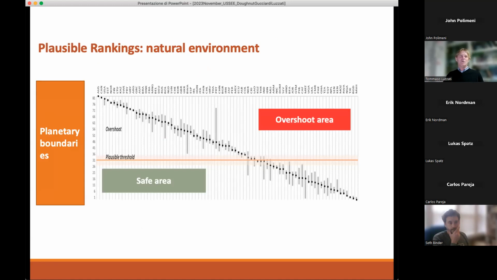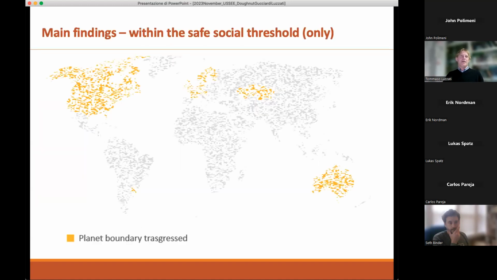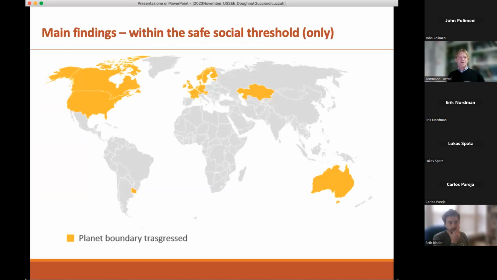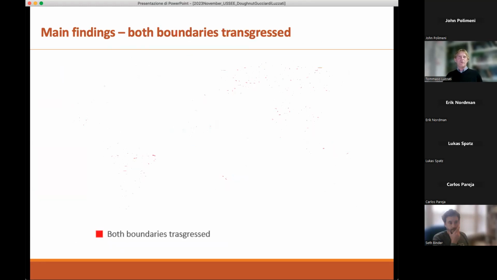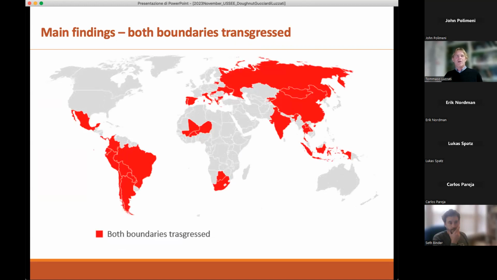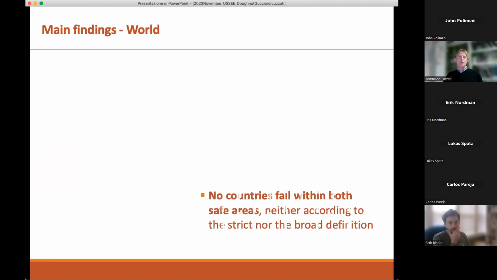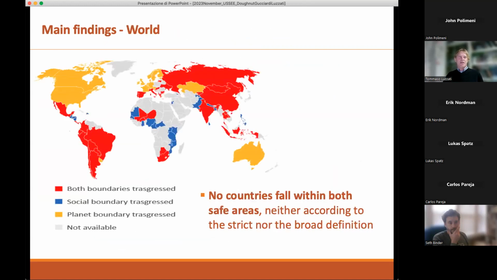So now I will move to representations of the results. Planetary boundaries are transgressed for those countries, and the social boundaries are transgressed for those countries, and both boundaries are transgressed, and then you will see a united picture.